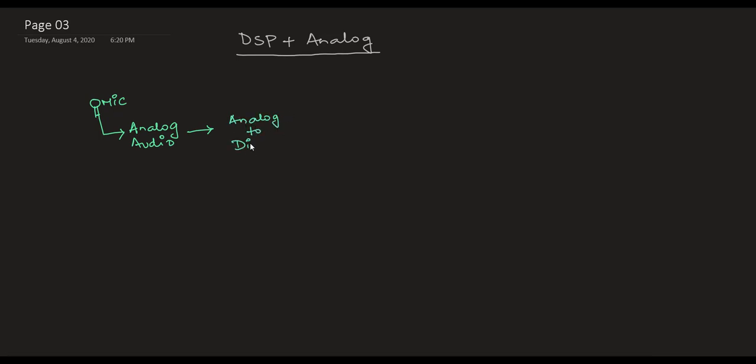The analog to digital converter is what helps us do this, the details of which will be discussed later on. Now the ADC will give you a digital signal, and that digital signal is sent to your DSP processor.